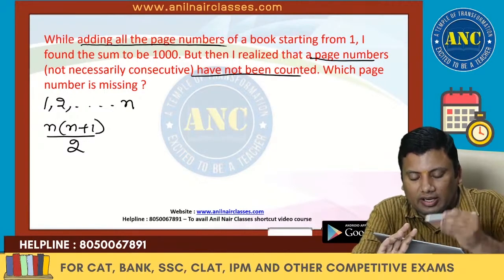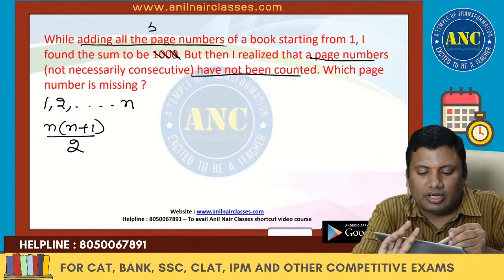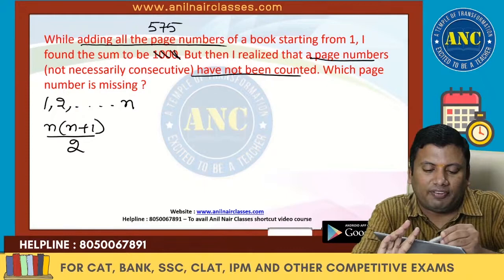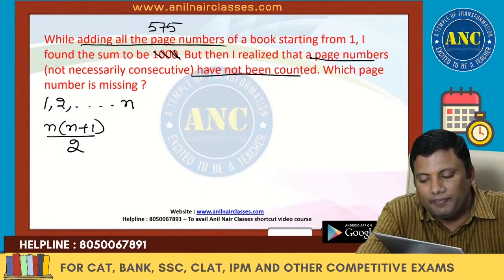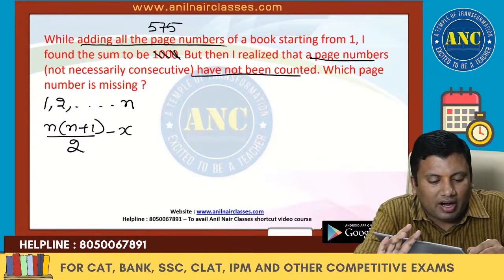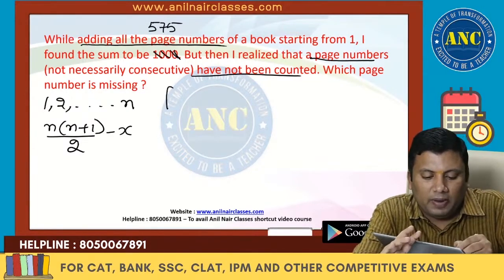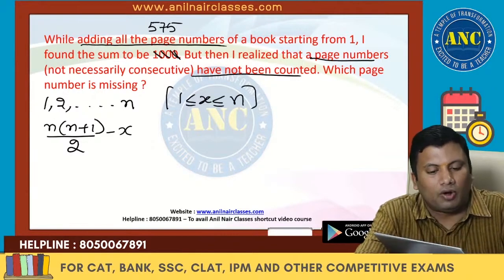We will see 2 cases: first remove 1000 and put 575, then I will tell you another question with 1000. He forgot to count one page number, which could be any page number from 1 to n. I hope it is clear.